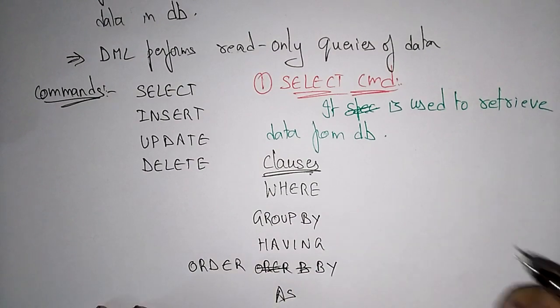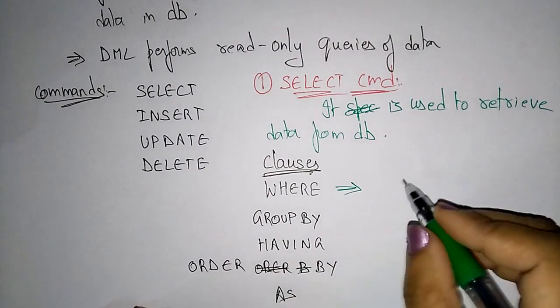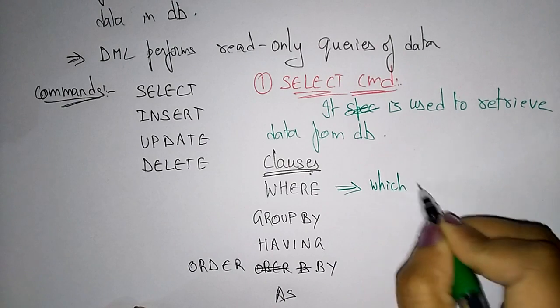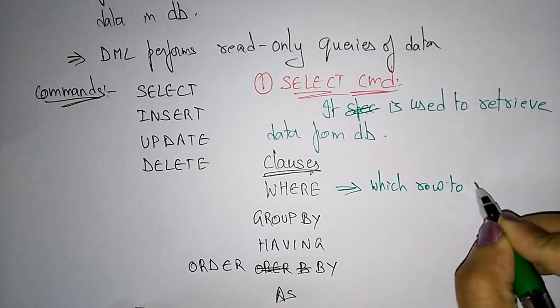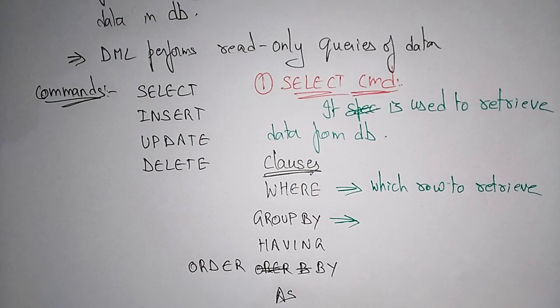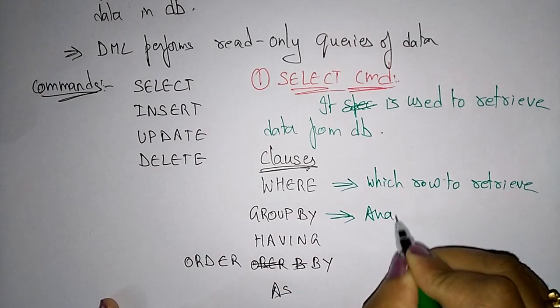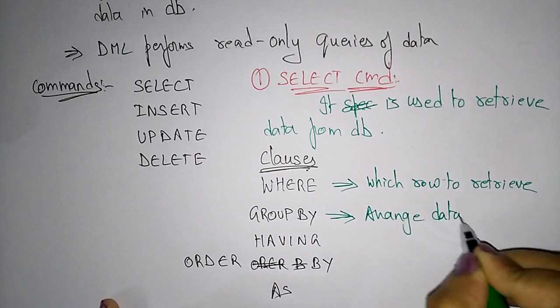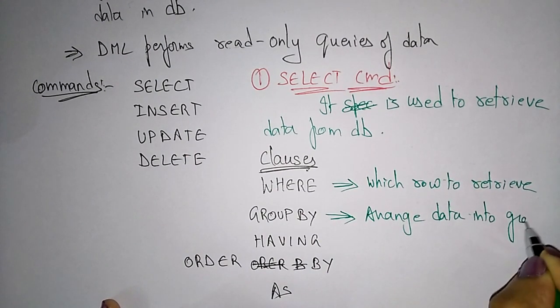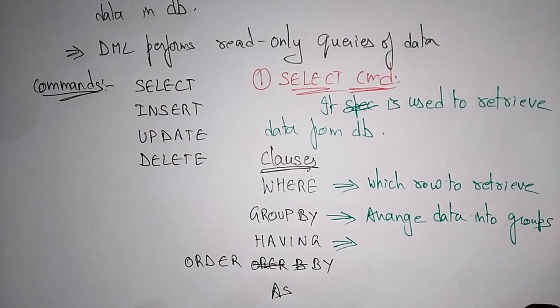What does the where clause do? The where clause specifies which rows to retrieve. The group by clause is used to arrange data into groups. The having clause is used to select among the groups defined by the group by clause.